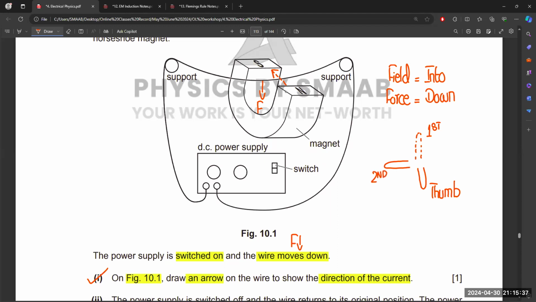It means current moves from right to left, right? Now you can arrange your left hand rule. First, open up the first finger towards the screen, thumb in the downward direction, and second finger towards the left hand side. So current is moving from right to left.